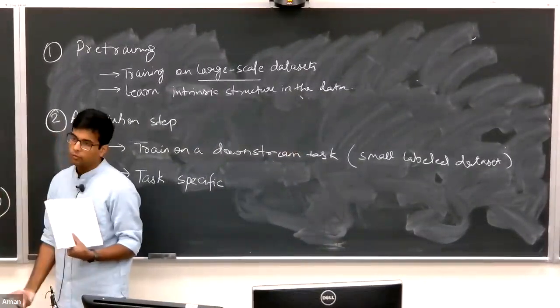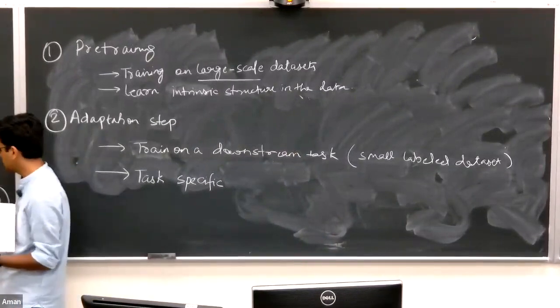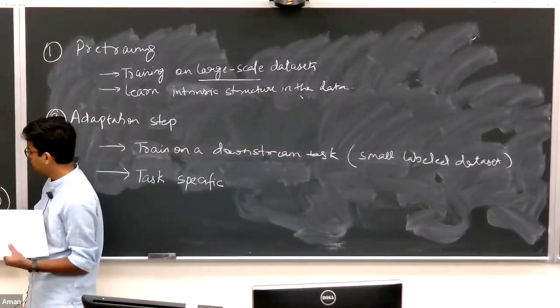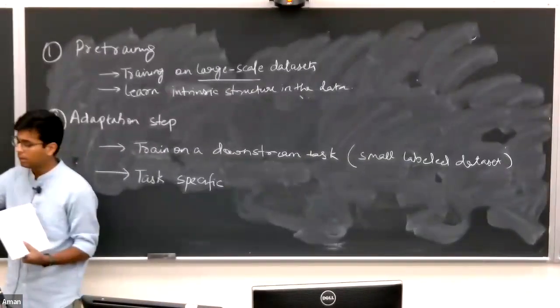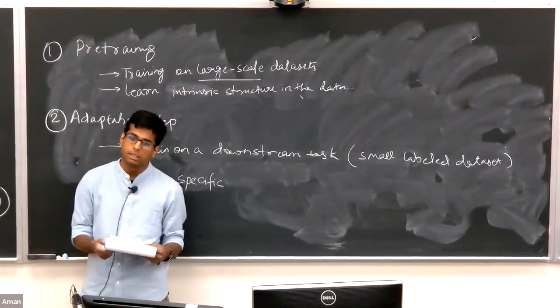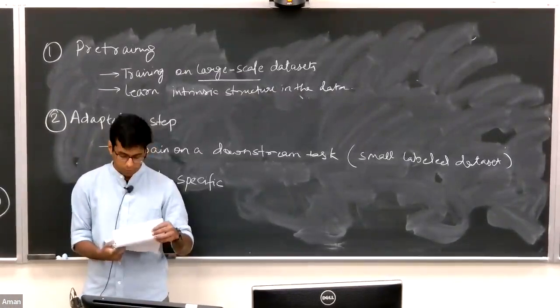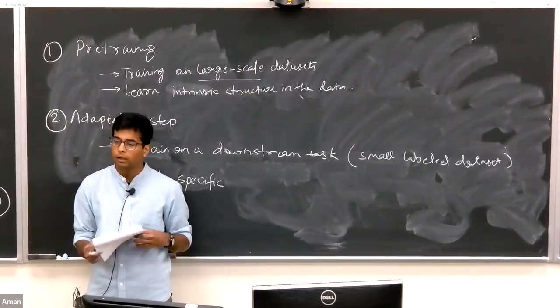Then you try to fine tune that on a specific task. What you do is that instead of just freezing theta hat, you optimize over theta hat and W both. So when you optimize both of these in the same type of setup, then it's called a fine tuning step, right? So the adaptation in that case is happening via fine tuning.